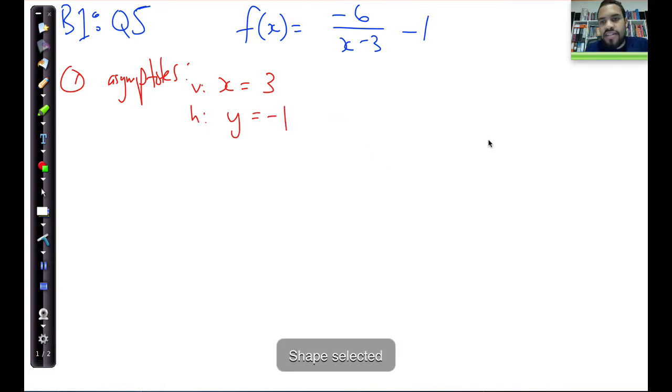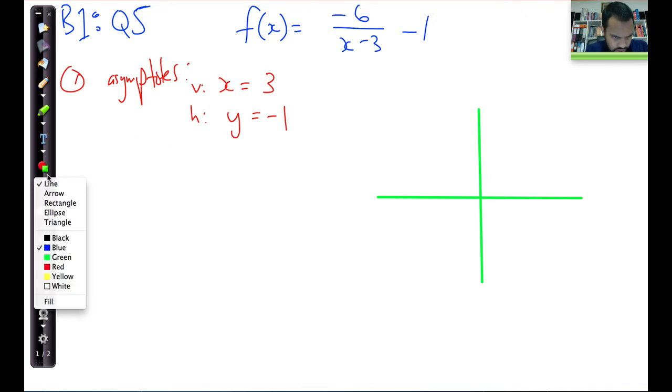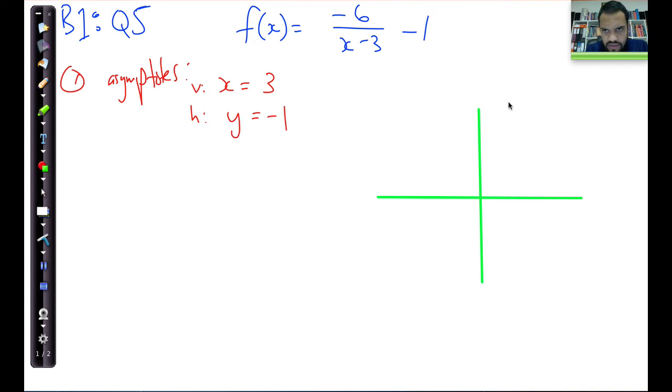So let us immediately start getting some of these out of the way here. There's our axes, and I'm going to use a blue color for the asymptotes. I'll just make them a lot longer. Vertical asymptote will be at +3.